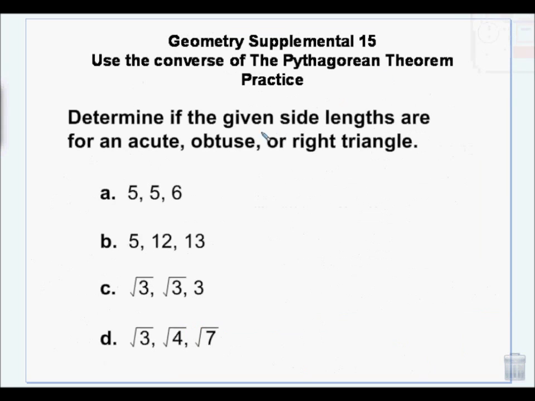Determine if these are acute, obtuse, or right. Can I have two sides be equal? Sure, right? I just can't have all three sides be equal. So 5 squared plus 5 squared and then 6 squared. So I have 25 plus 25 and 36. That's greater than, isn't it?